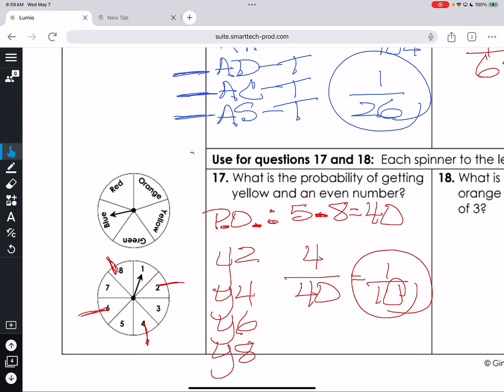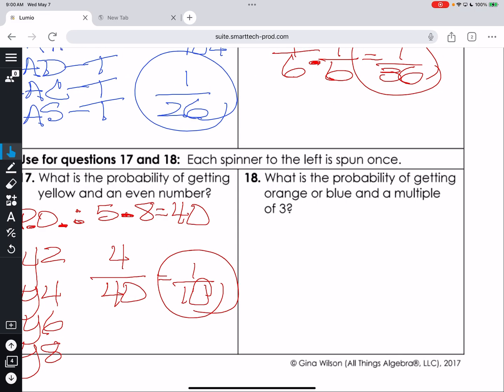I'm glad you're seeing that because what we're moving into is that. All right, that's exactly it. I was hoping y'all would come to see there's a way to do it other than writing out. So love that. 18. You still have that same spinner and it is 40. What's our answer? 1/10. 1/10 again.